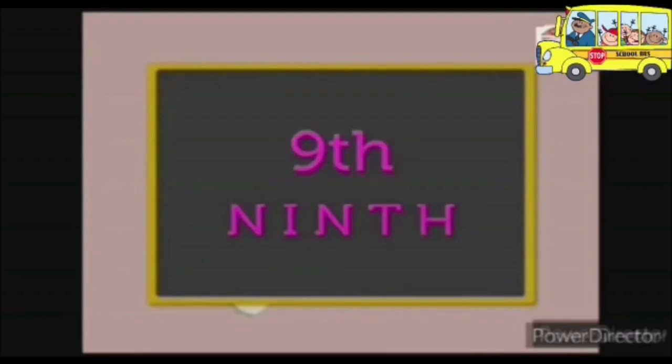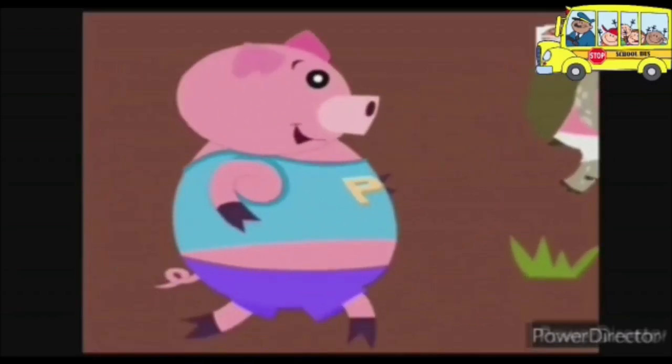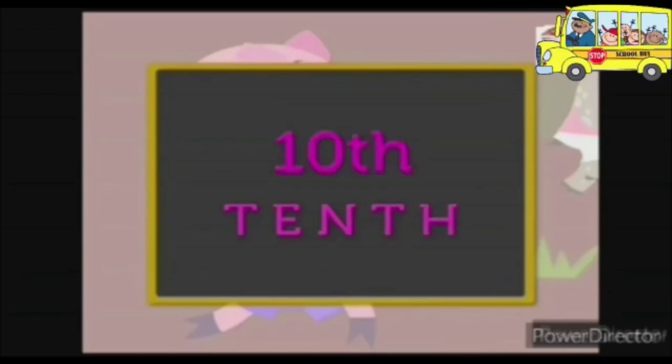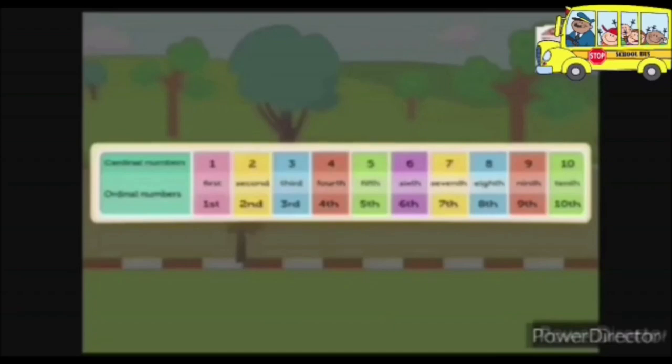N-I-N-T-H. Ninth. The pig is at the 10th position. T-E-N-T-H. Tenth. Let us look at this table. It shows the cardinal numbers 1 to 10 and the corresponding ordinal numbers 1st to 10th.